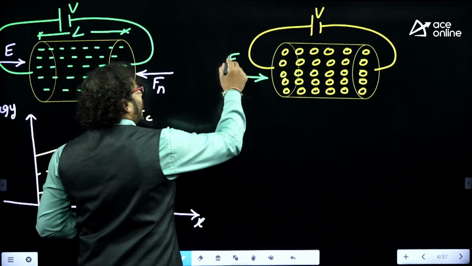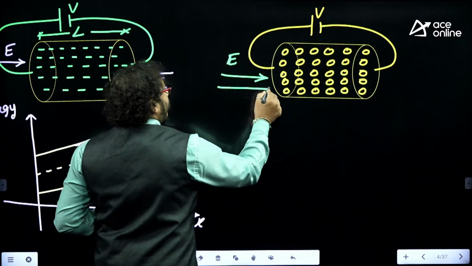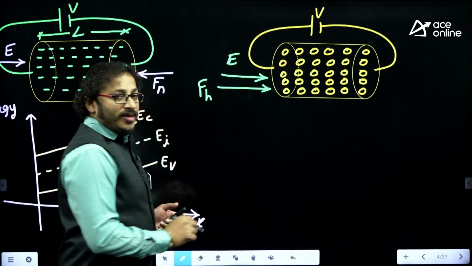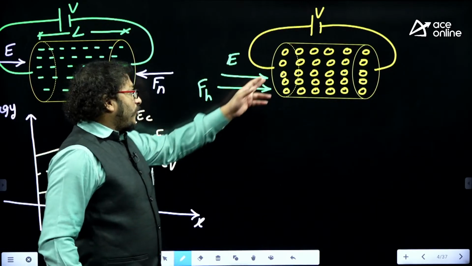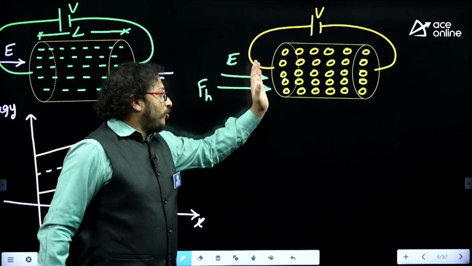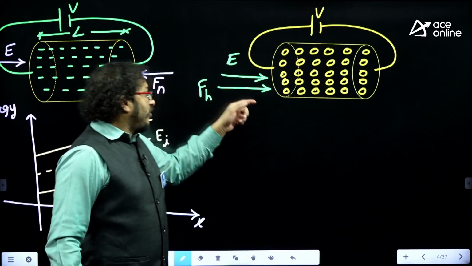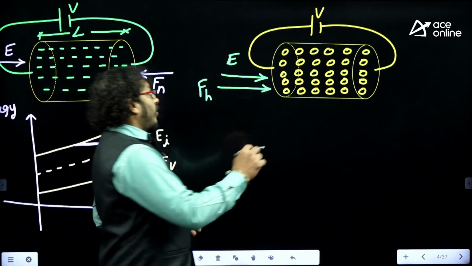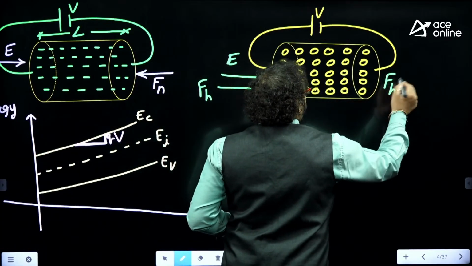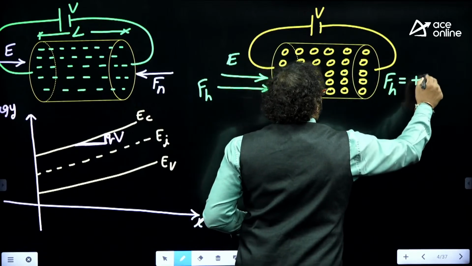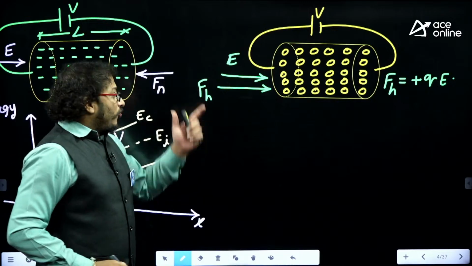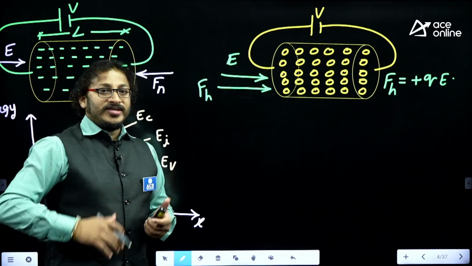Because of this electric field, holes will experience a force in the same direction as the electric field, because positive charge carriers are repelled. Therefore the force acting on a hole is equal to plus Q times the electric field, which is very important.